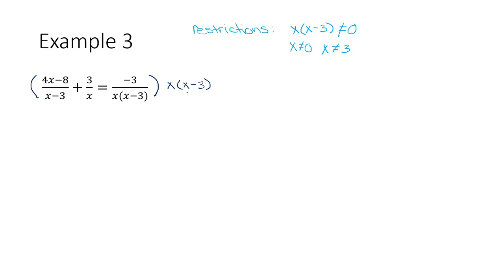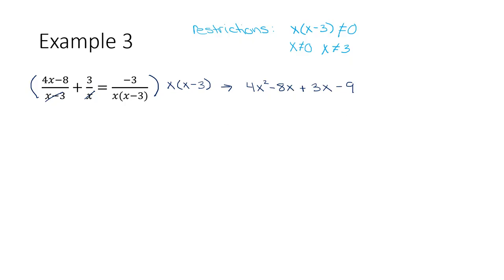The common factors are going to cancel, so x minus 3 will cancel. And this is 4x minus 8 times x. It's 4x squared minus 8x. Here the x will cancel. This is then 3 times x minus 3, which would be 3x minus 9.